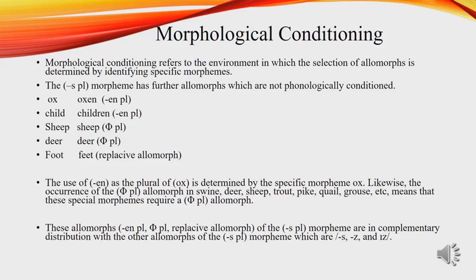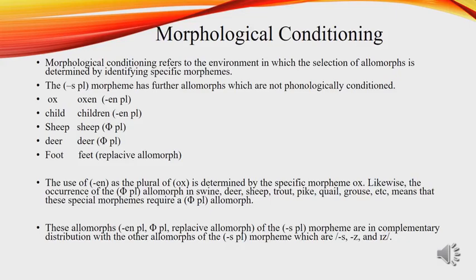The question is, why do we have zero plural in the word sheep? And the answer is that the specific morpheme sheep requires the use of the zero plural allomorph. Because we have sheep, we should have zero plural allomorph. This morpheme requires the use of this allomorph. That's it.